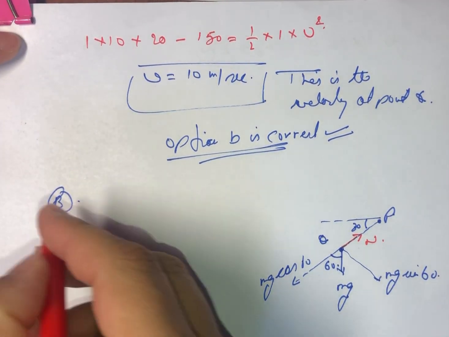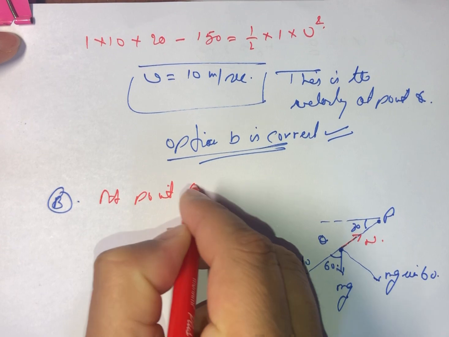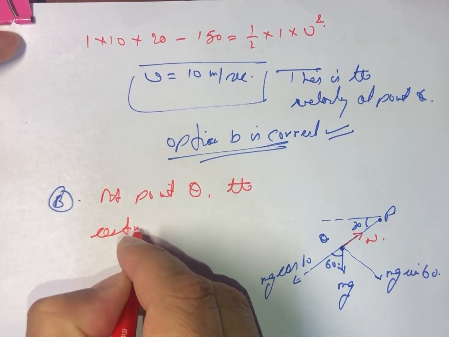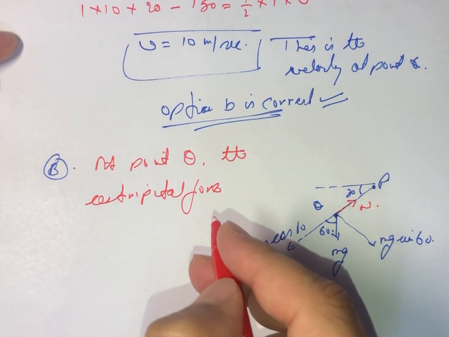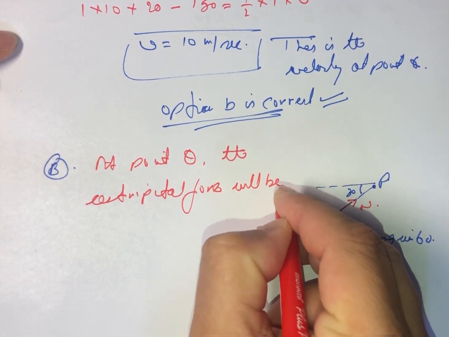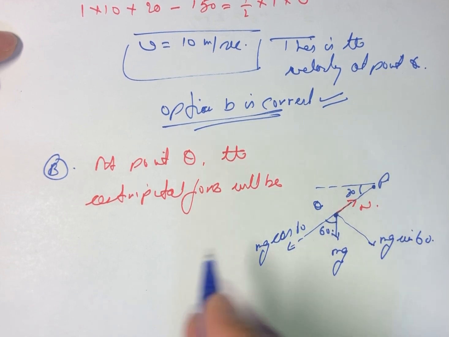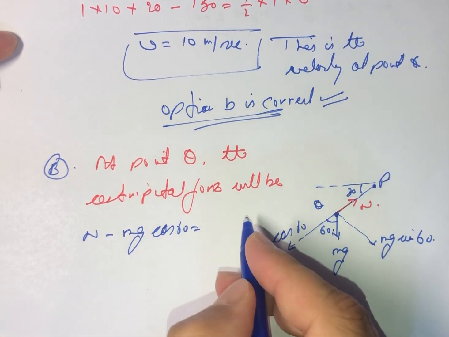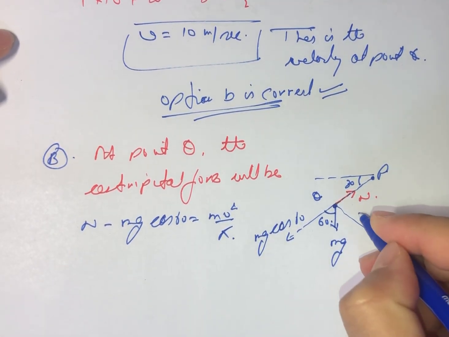We can write the equation that at point Q, the centripetal force will be n minus mg cos of 60 is equal to m v square upon r, where r is this radius.